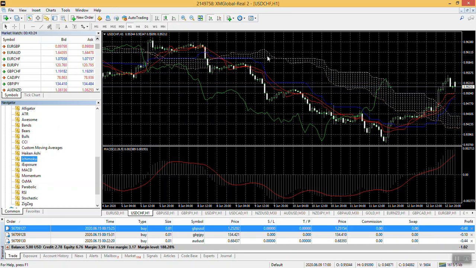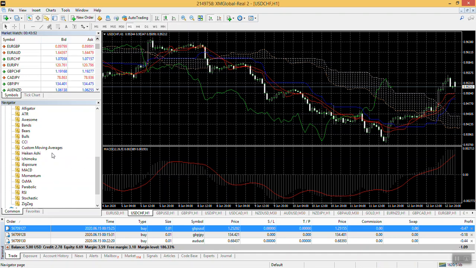This is the net, and it comes in with its own green lines. Anytime the net comes and crosses the candle, Ichimoku is saying that we should sell.